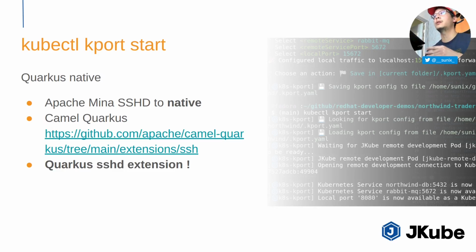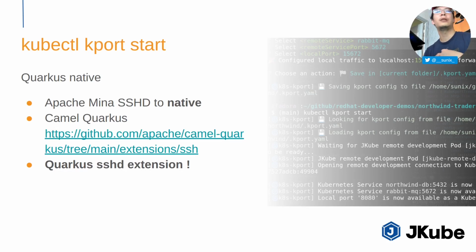The problem is that writing a Quarkus application is straightforward if everything compiles and runs natively. And unfortunately, JKube Remote Dev, when you start it, depends on the Apache Mina SSHD project, and the native compilation wasn't working out of the box for this library.